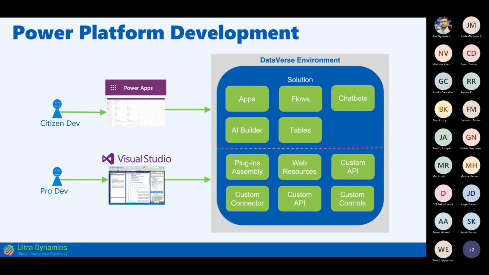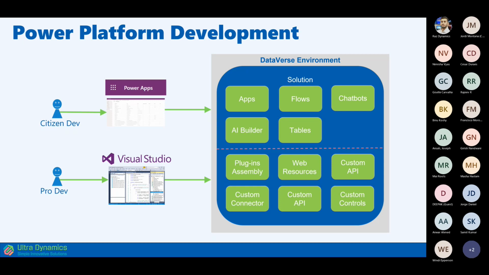And we have citizen developers building apps, flows and chatbots. It could be the same person that does both, or it could be business users working with IT teams to collaborate on an initiative. The good thing is there's lots of flexibility in the platform, so you can get different people with different skills to collaborate and build solutions.